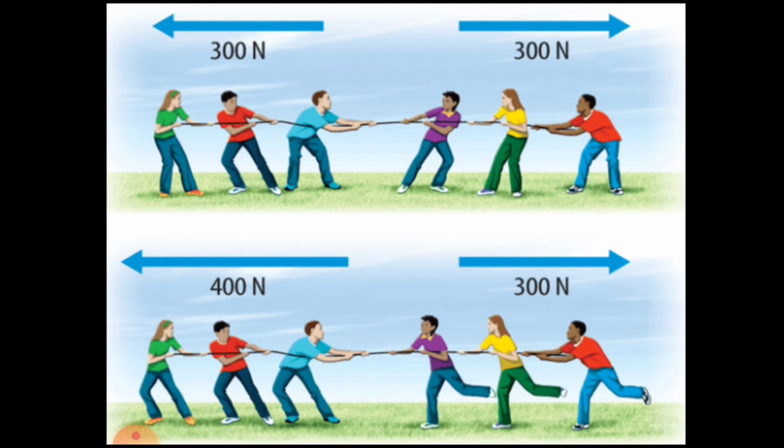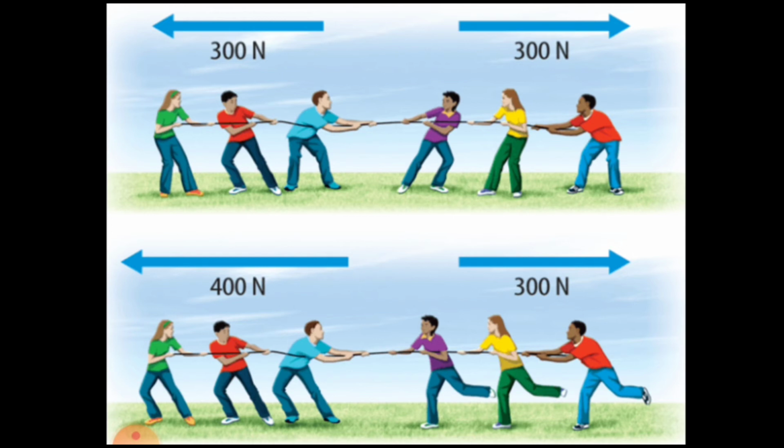It is Newton. So a 300 Newton force is applied by the left side people and 300 Newton force is applied by the right side people. They are applying equal force in opposite directions, so what is the effect? The rope will not move to either side.